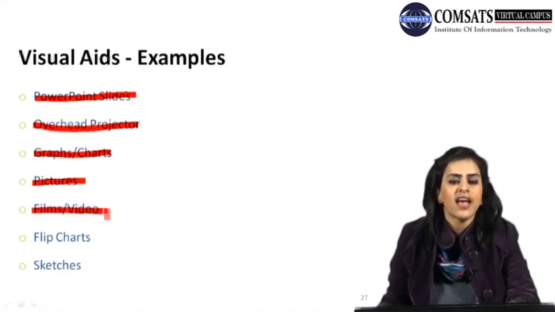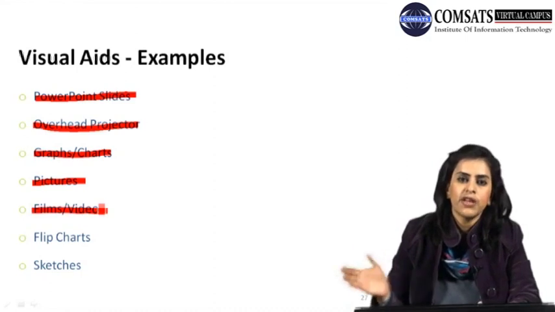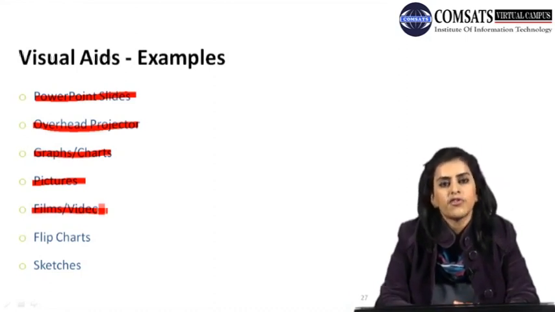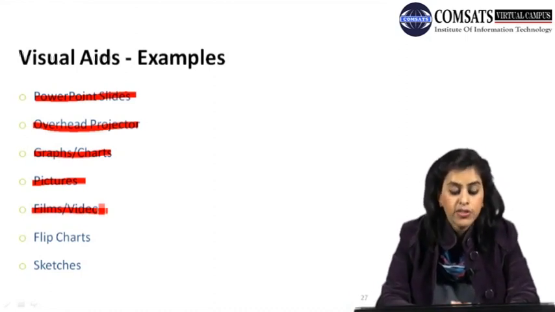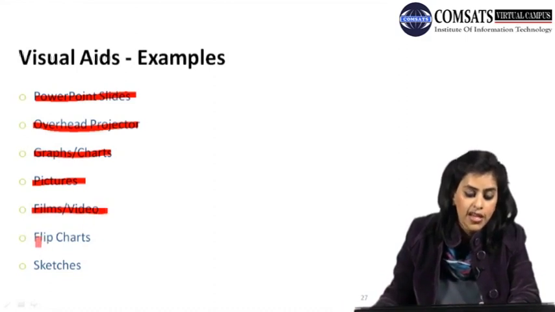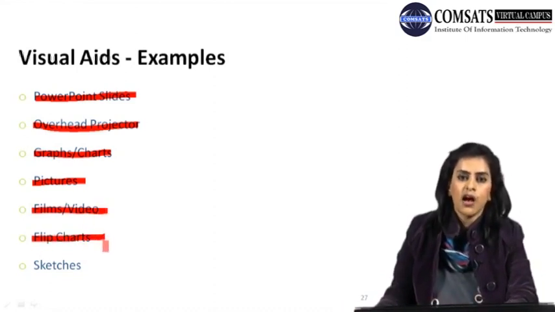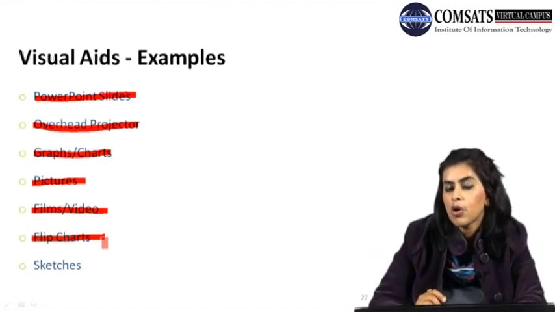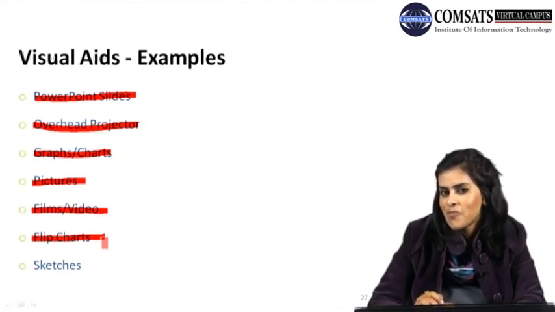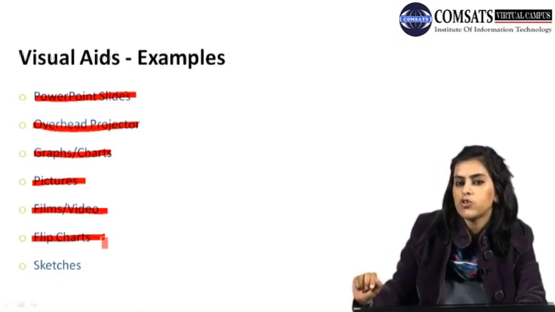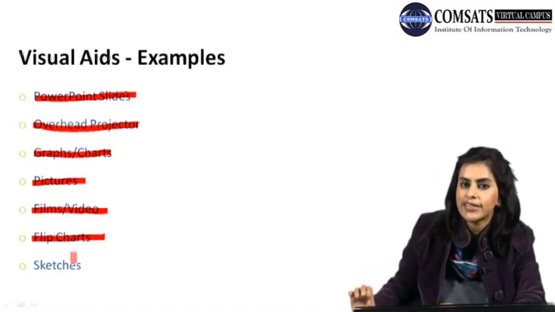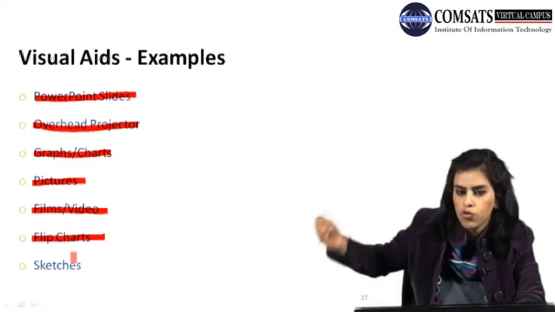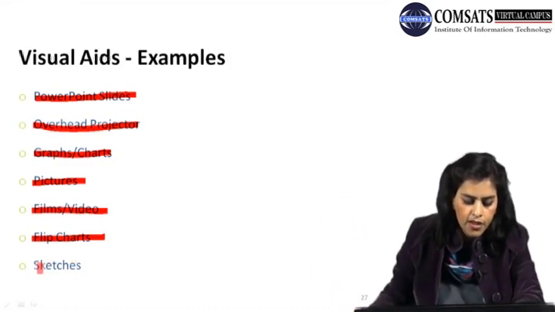Sometimes films and videos related to your topic can be displayed in front of the audience, so they can also be part of your presentation. Sometimes flip charts: if the topic of your presentation is somewhat technical and needs elaboration, or if you are delivering a maths presentation, you can make use of flip charts, so that you can discard the previous ones and keep moving on to the next ones.